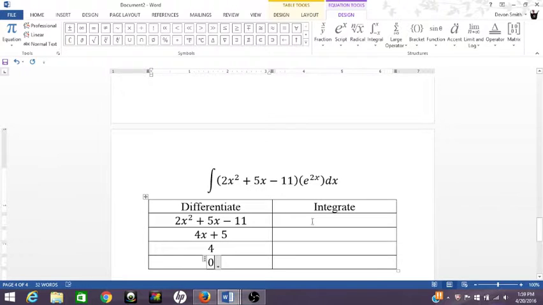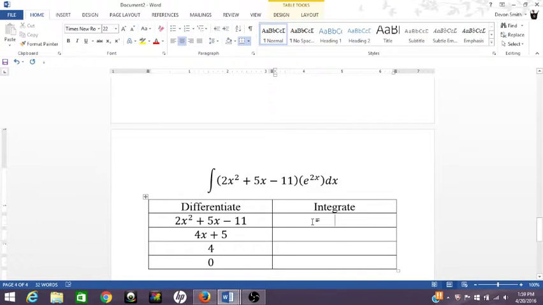So once you hit 0, you go ahead and go into the right-hand column. Take your v, which is e to the 2x.